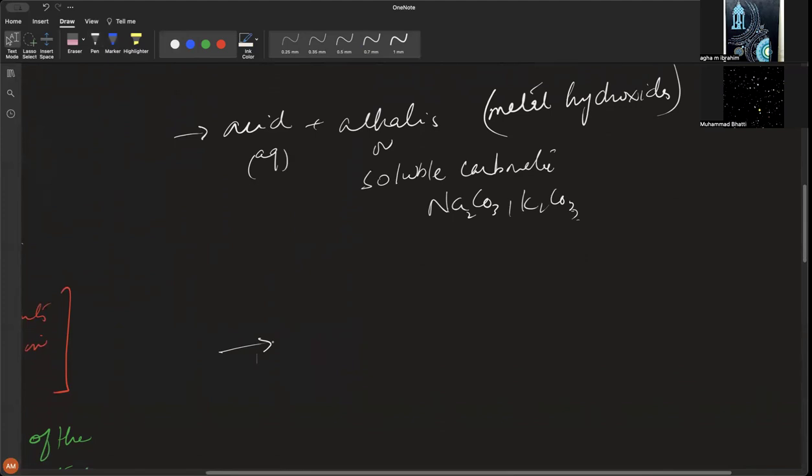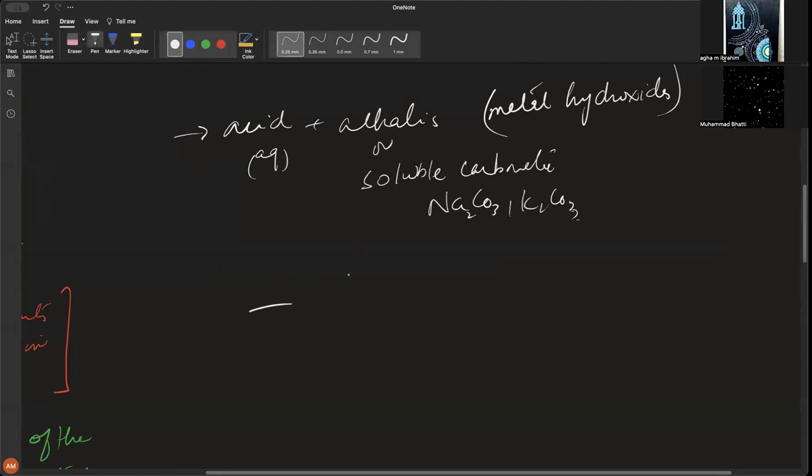We use indicators, because in this reaction, no residue is seen, right? Both of them are soluble. You're not going to see anything. You're not going to know whether there is any acid still left or not, if all of the acid has reacted or there's still any left. So what do we do? We use indicators.